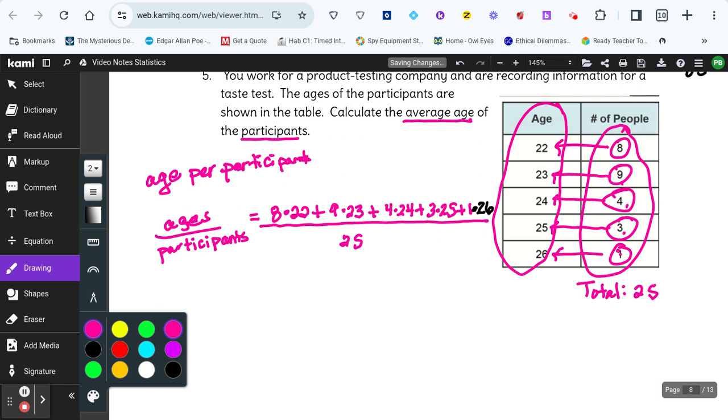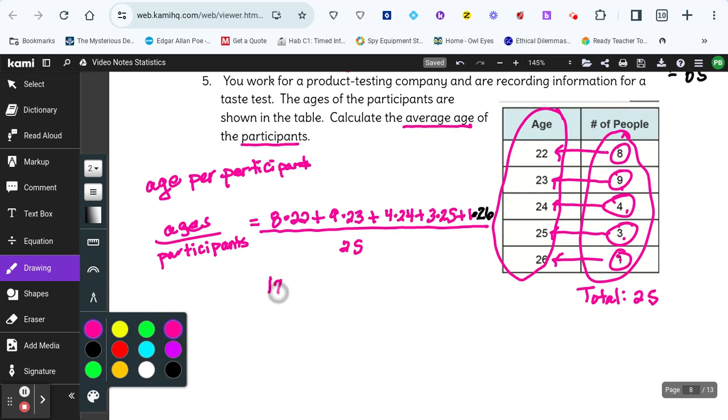And do 8 times 22. That's 176. Plus 9 times 23 is 207. Plus 4 times 24 is 96. Plus 3 times 25 is 75. Plus 1 times 26 is 26.